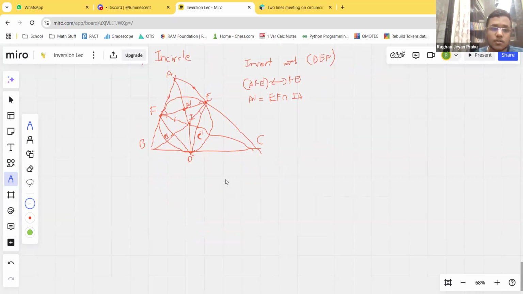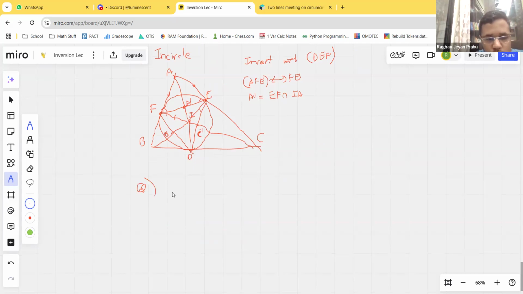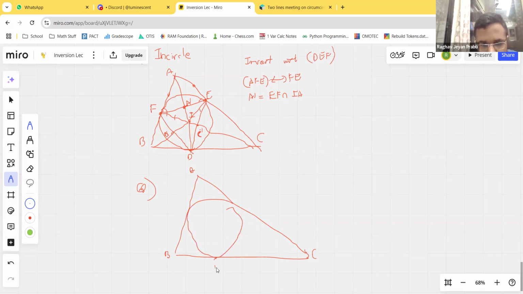Cool. So let's do a problem on incircle inversion. Suppose I have triangle ABC with incircle touch triangle DEF.